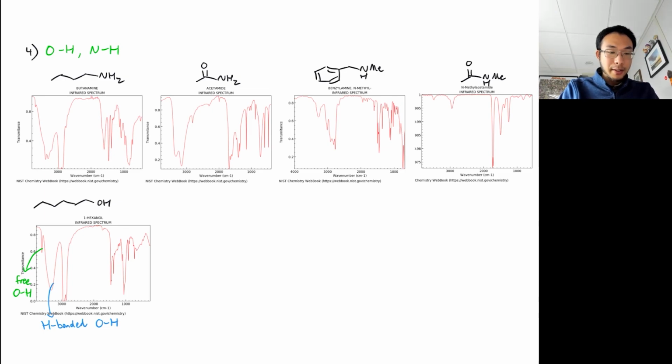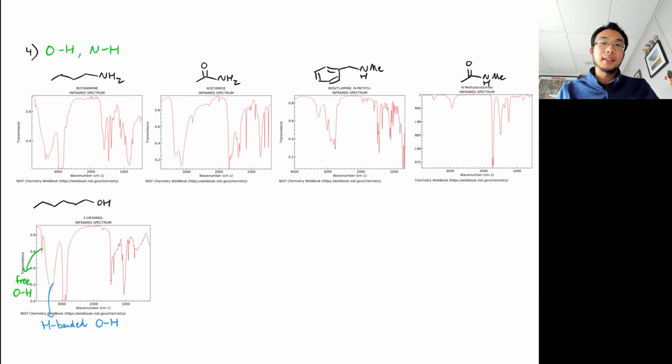So hydrogen bonded OHs and NHs will show up really broad. But if the molecules happen to be free of anything else, not hydrogen bonded, then those OHs will show up as nice, sharp single peaks that are high in frequency.